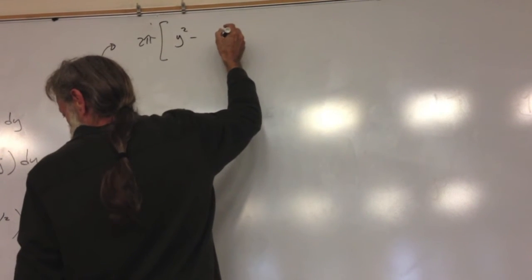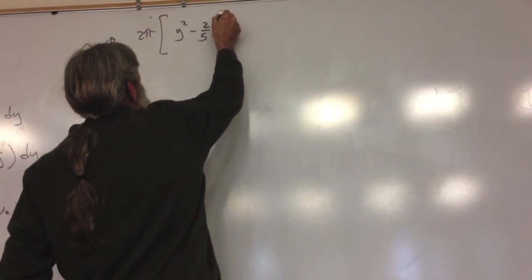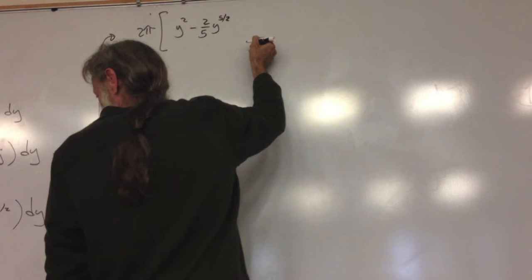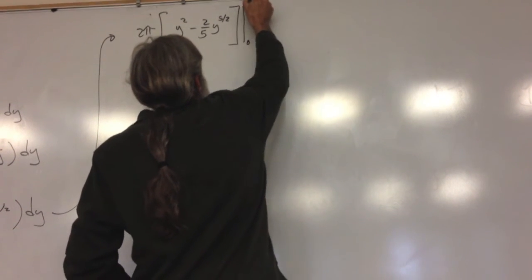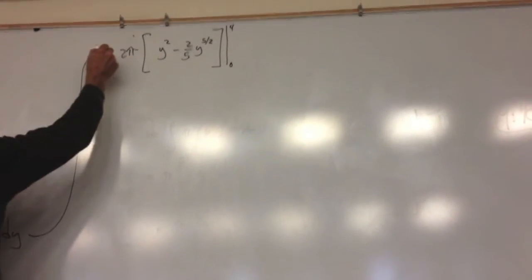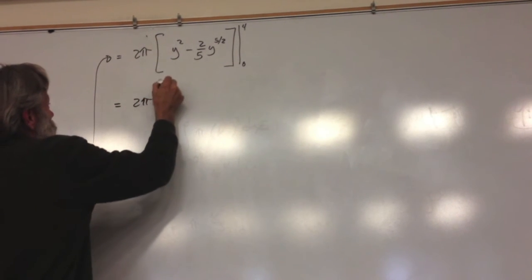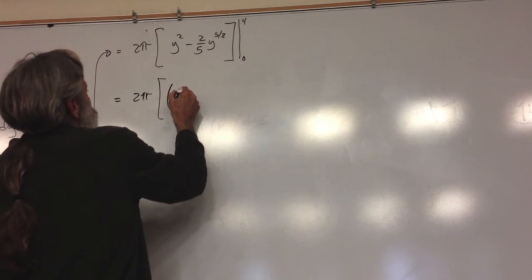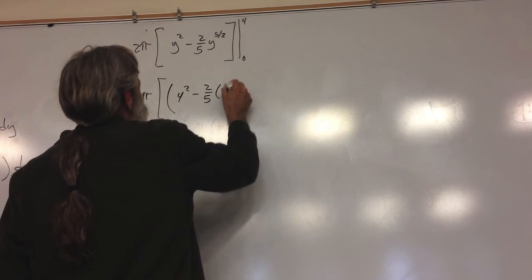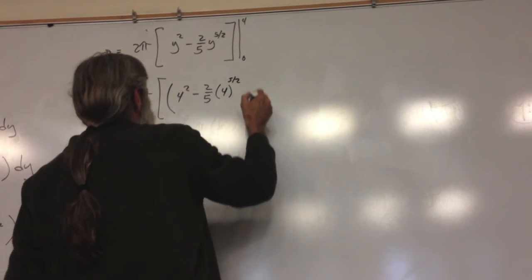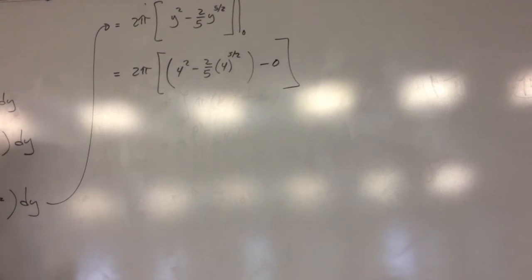The minus 3/2 becomes a 2/5 of y to the 5/2. And evaluate the y's from 0 to 4. So 2 pi times 4 squared less 2/5 of 4 to the 5/2, minus nothing. Both terms are 0 at 0.